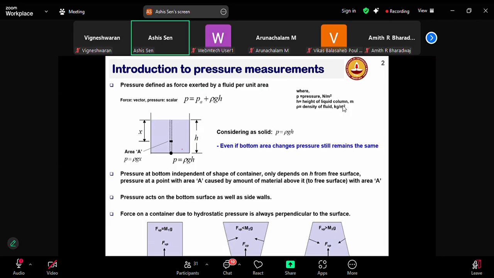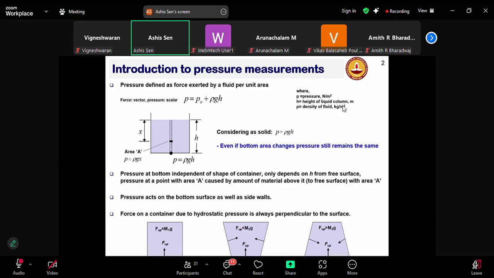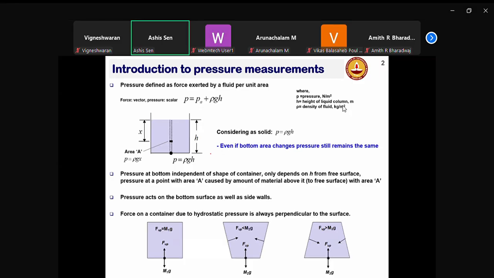Okay, but that works fine for solid and in fluid in certain scenarios. But in fluid, the thing is, if you change the area of the bottom surface, still the pressure is remaining the same. That means the pressure is only a function of height of the liquid column.